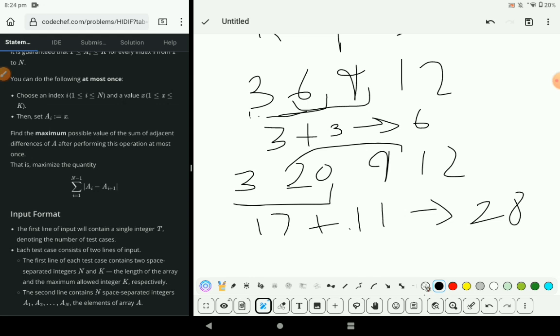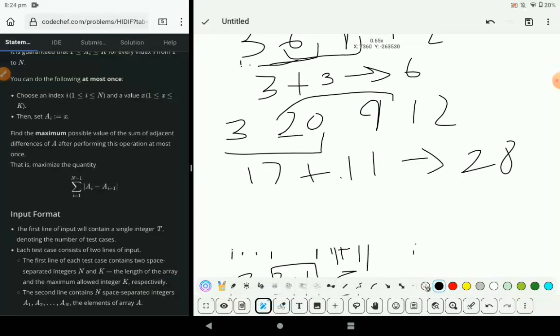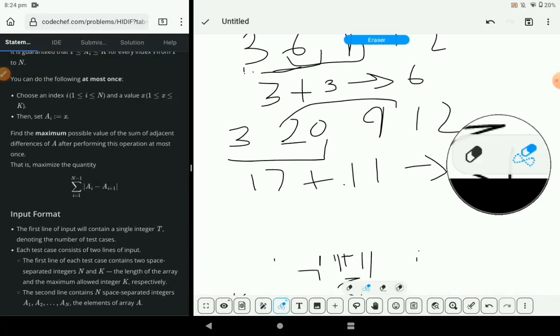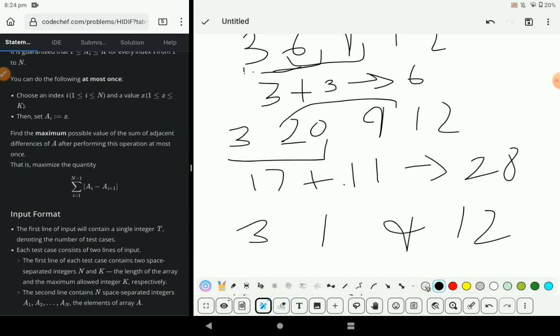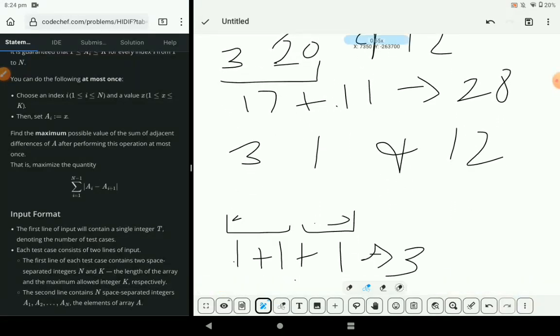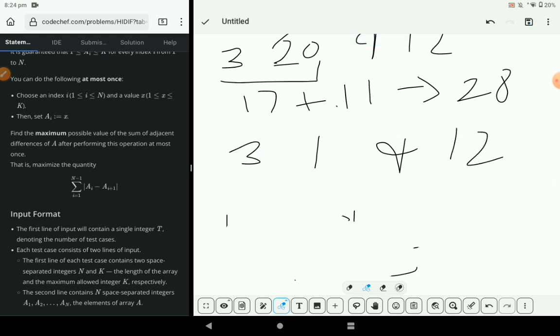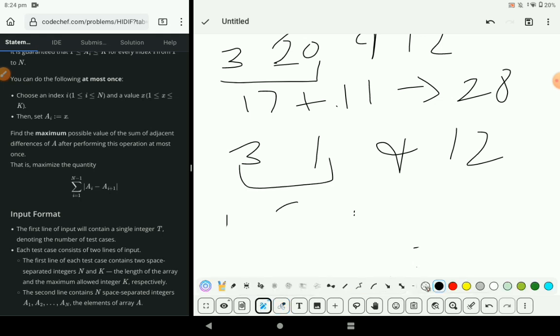Is that clear? Now let's swap the element with 1, giving 3 1 9 12. The differences will be 2 and 8, and 2 plus 8 equals 10.